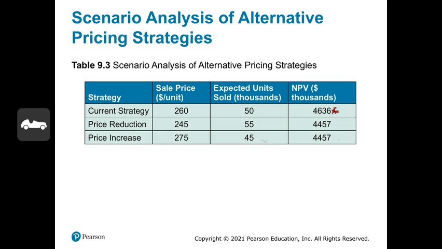Now, it's not always going to be the same that these two numbers end up the same, so don't make that assumption just because for this example they did. And it's not always going to be that a price reduction is going to reduce the net present value and a price increase is going to reduce the net present value. It won't always work that way. It is very case specific. But in this case, based on the numbers, the current strategy is the way you want to go because it gives us the highest net present value.